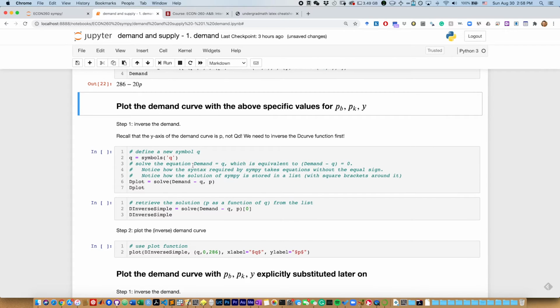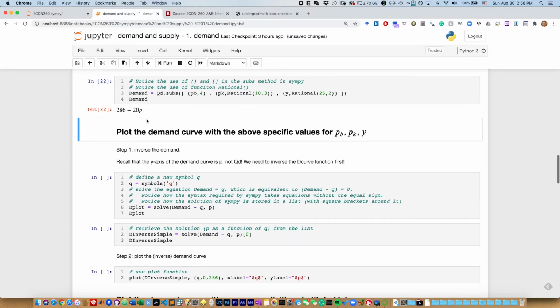Let's try that. So remember in class we talked about plotting a demand curve will involve inversing the demand function. And the reason is because we want to plot P on the vertical axis and Q on the horizontal axis, whereas when we look at a demand function, it is a function of Q written in expression of P, right? So we need to inverse them.